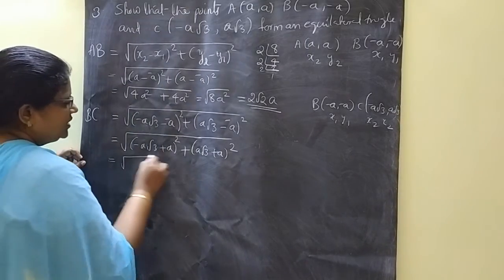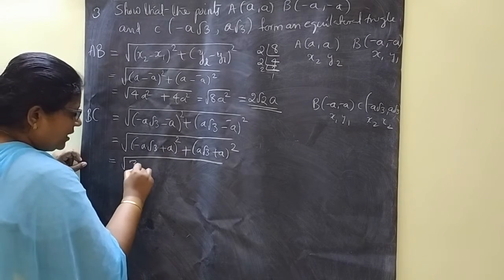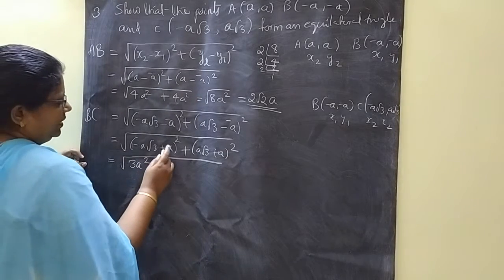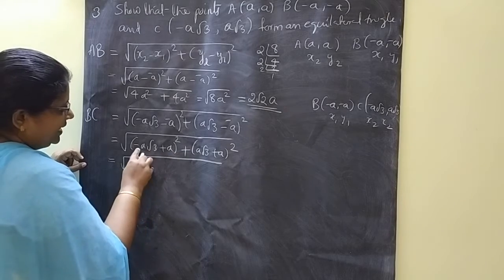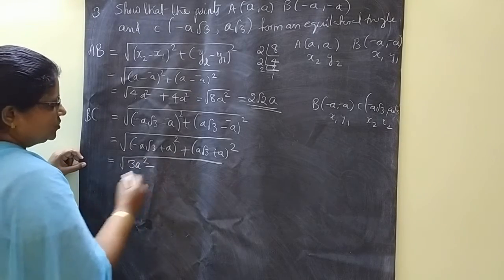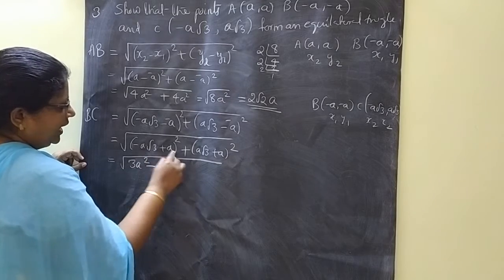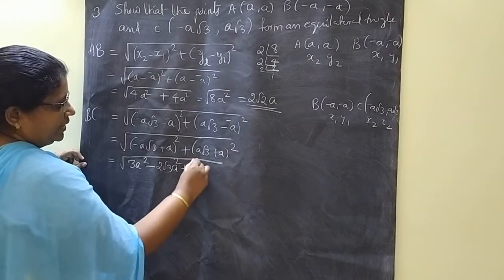So minus A root 3 whole square is 3A square, then 2 into minus A root 3 into A, minus 2 root 3 A square, plus A square.